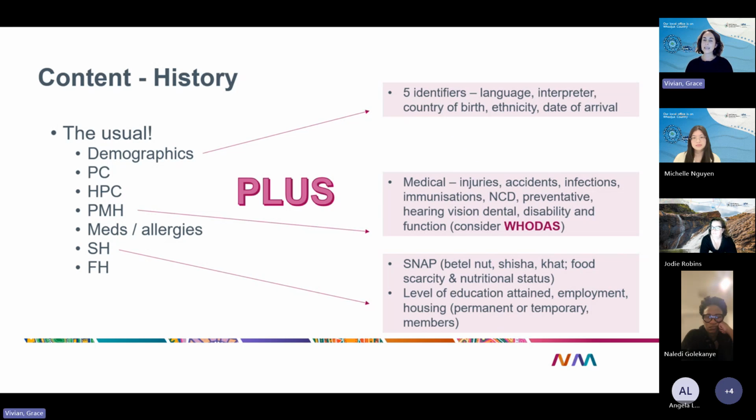Employment is important, and housing, especially in this context at present where there's a lot of housing stress. We try to see our clients within a month of them arriving, and this routinely comes up as an ongoing source of stress. They're looking for a home. They can't find a home. It's really disheartening.